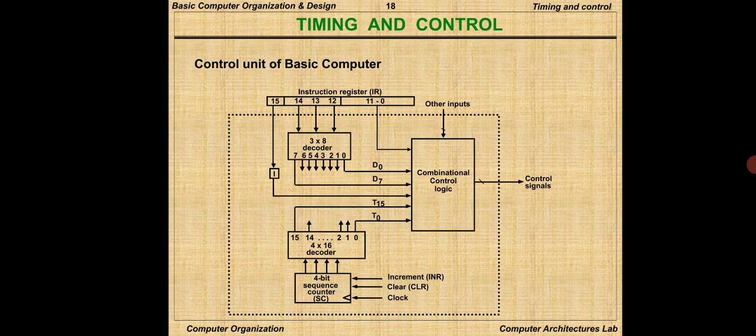The same thing will be decoded by the 3 by 8 decoder. So 3 bits are given to the decoder circuit and you get a total of 8 output bits. Out of those 8 bits, only 1 bit will be activated. Based on which data line from D0 to D7 is activated, your combinational control logic circuit will perform the operation.